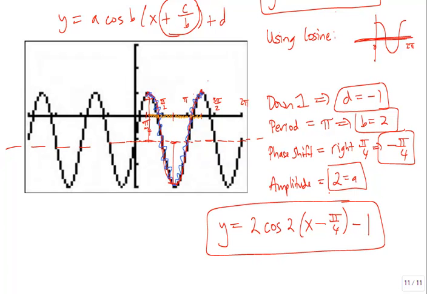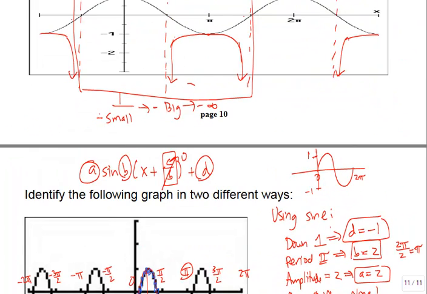Now there is certainly more than one answer for all of these. If you had chosen the U shape way over here instead of the one that I chose, then you would have a totally different phase shift. That's okay, because cosine is periodic. There's always going to be an infinite number of possibilities. And the same would be true for the sine curve.